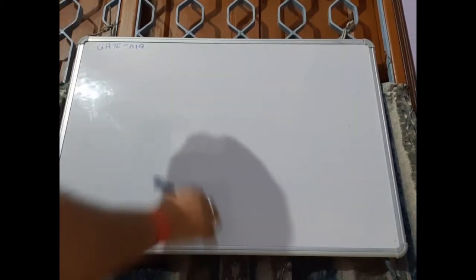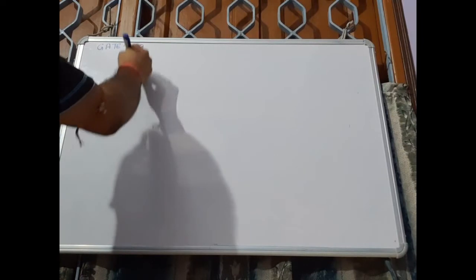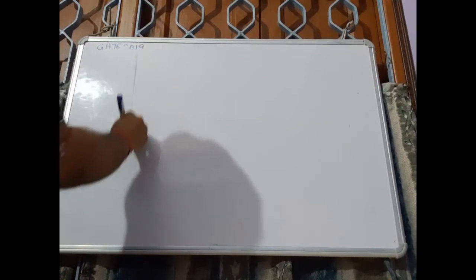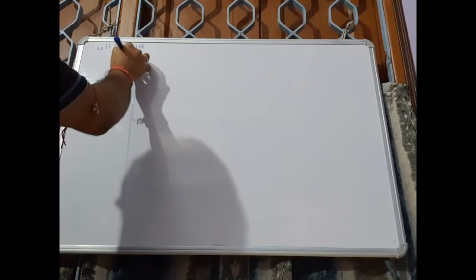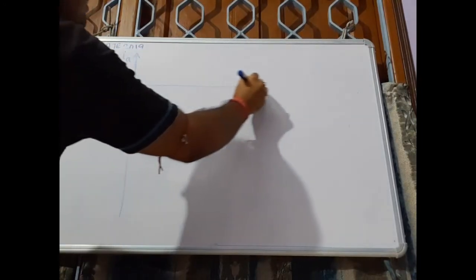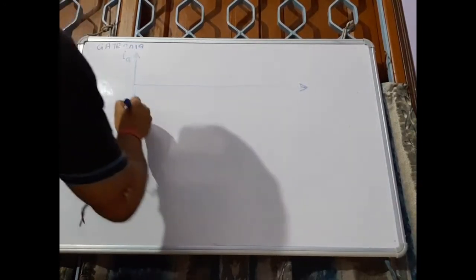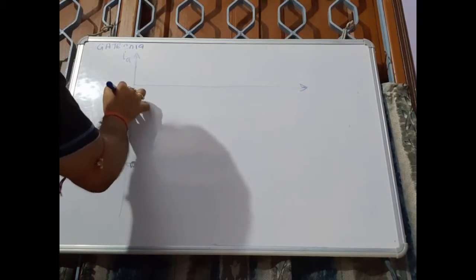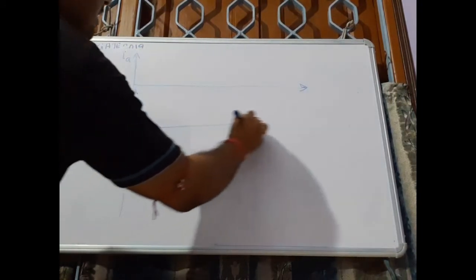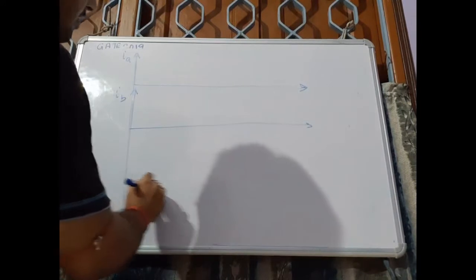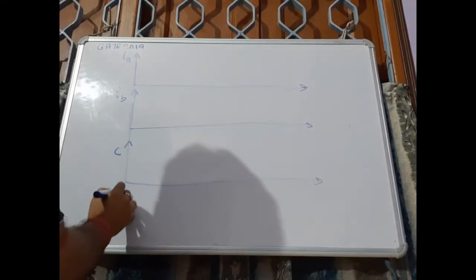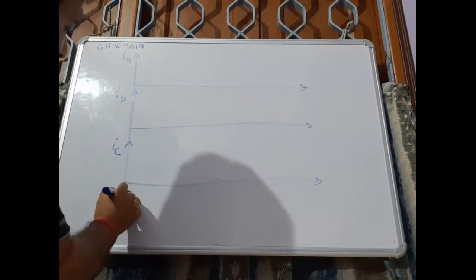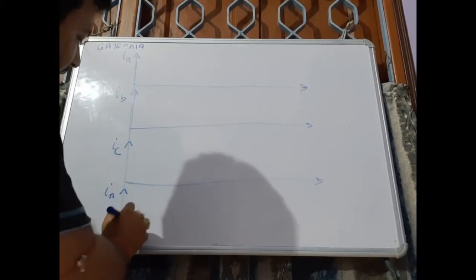Okay, so now if this is IA, this is IB, this is IC, and this is IN.